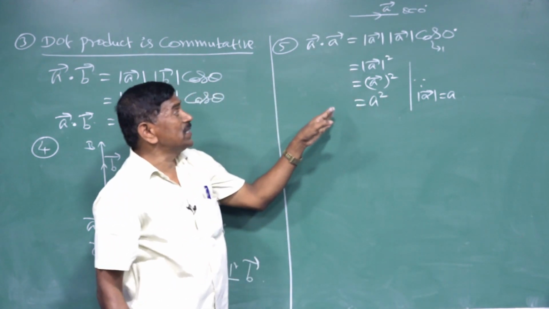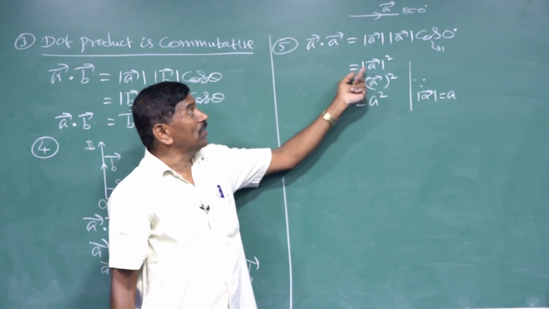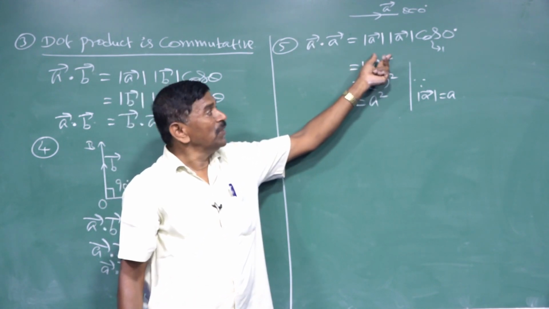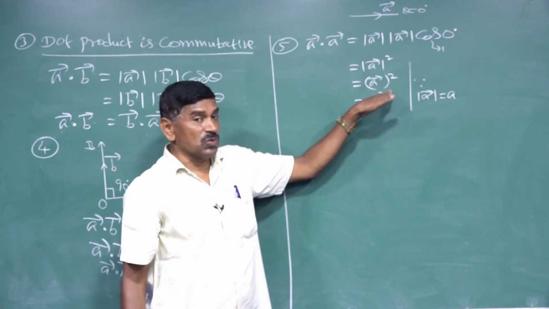Now all these three are equal: A vector dot A vector is equal to modulus A vector square, is equal to A vector the whole square, is equal to just A square.